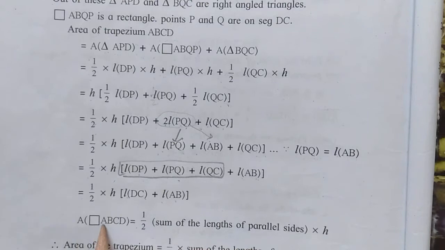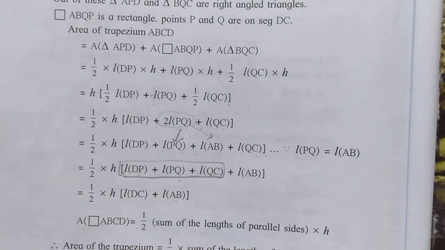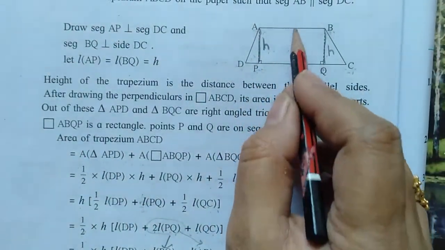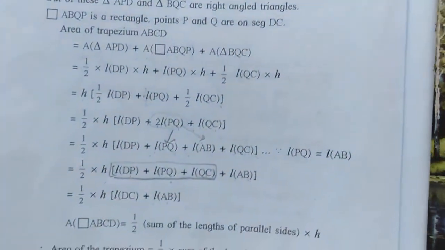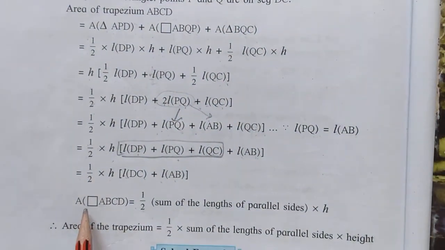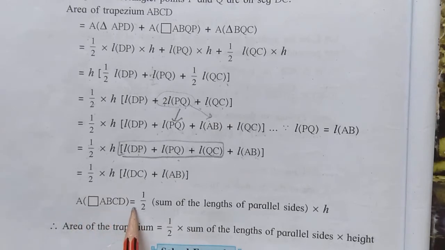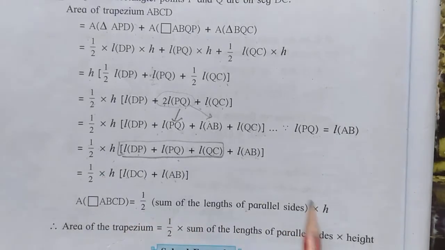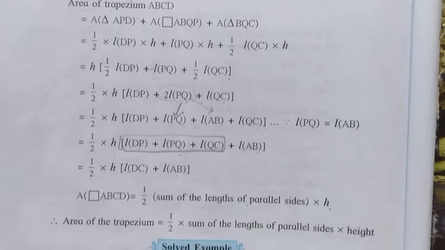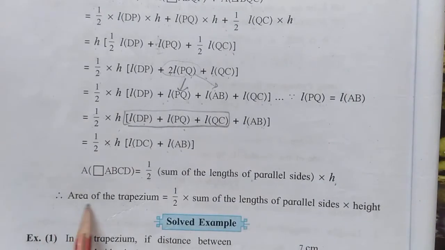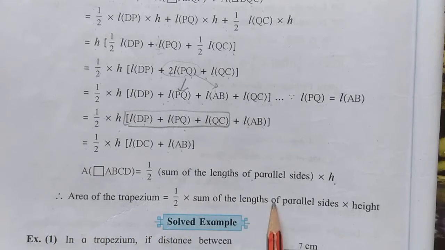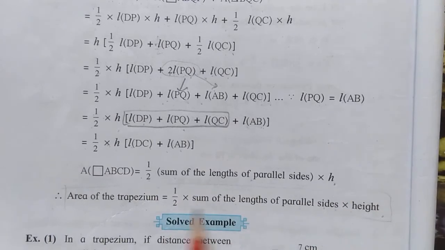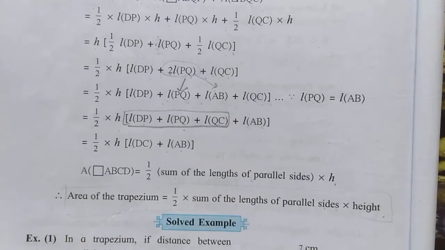Therefore area of trapezium ABCD is equal to half into the sum of DC and AB, the two parallel sides, multiplied by H, and this is the formula. So area of a trapezium is equal to half into the sum of the lengths of parallel sides into height. By using this formula we solve practice set 15.3.